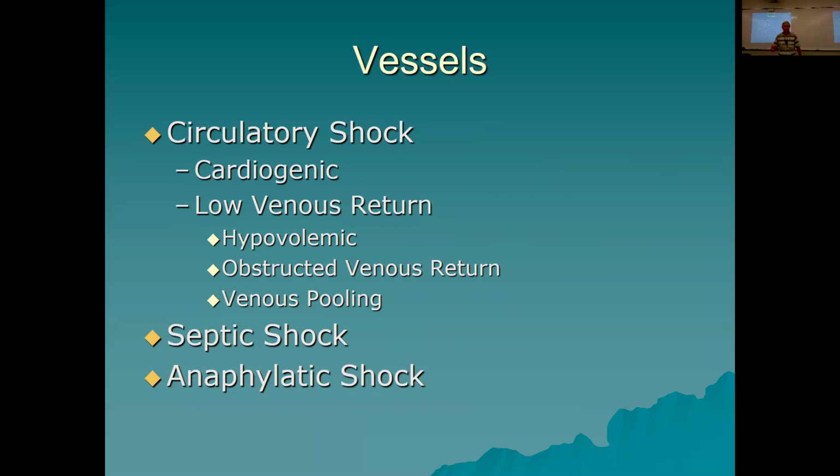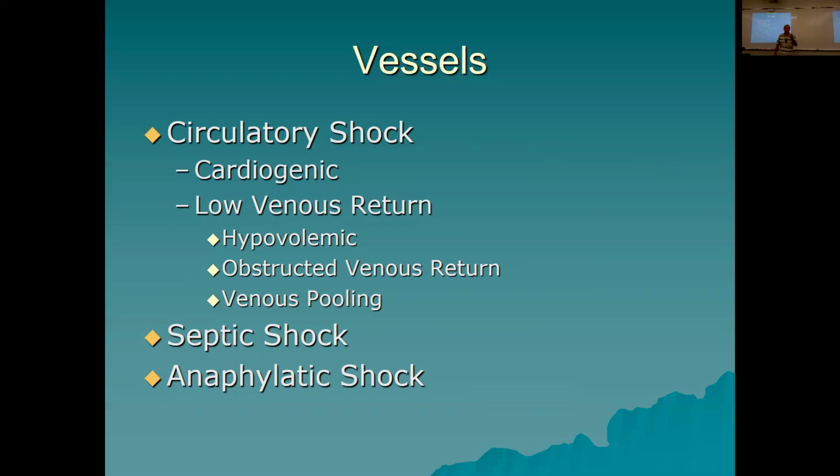The heart is starting to fail, and so blood isn't being pumped as much as it should be to organs. Then there's low venous return. It's hypovolemic shock, low blood volume, and that can happen if the large veins that bring blood back to the heart are expanding.